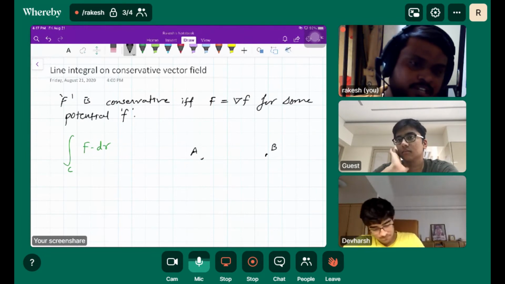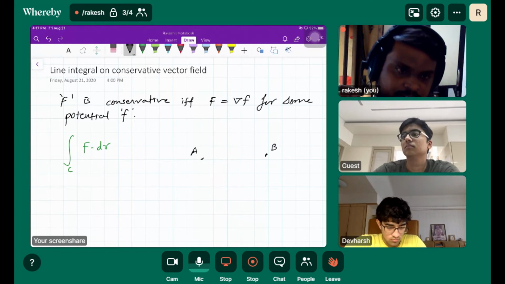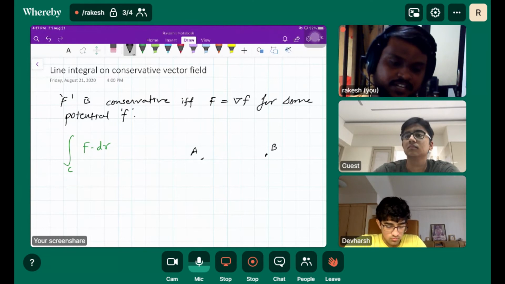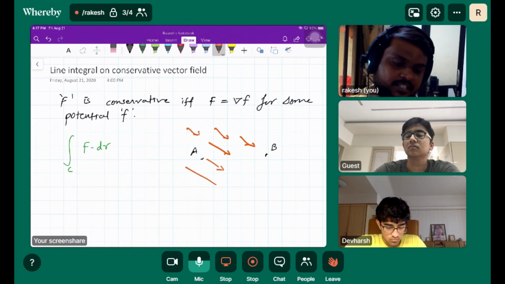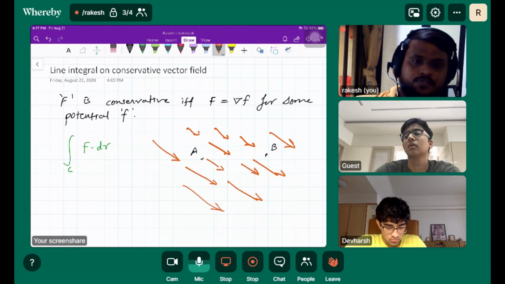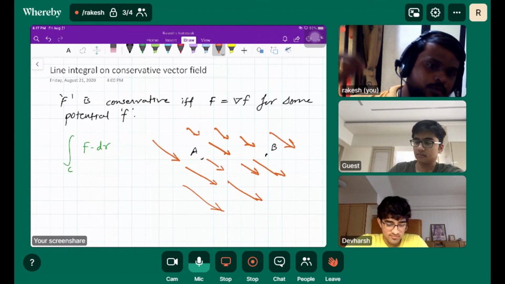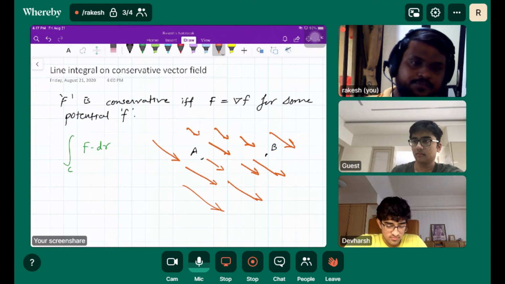Work has to be done to move a particle from point A to point B through some vector field. And the vector field is nothing but, we know, the flow of some substance, maybe electric charge or some force field, right?